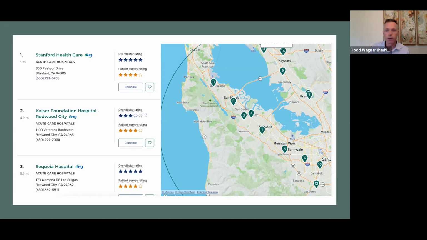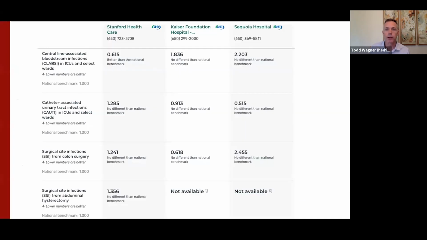Now, we all know that depending on your insurance, you may not have access to Kaiser, or you may not have access to even Stanford. But you can see the different star ratings. You can dig into it further, and you get to see, for example, here are those 3 hospitals. I've just done Stanford, Kaiser, and Sequoia, and you can see the national benchmark for all of these indicators. I've picked 4 indicators here that I thought you might be interested in.